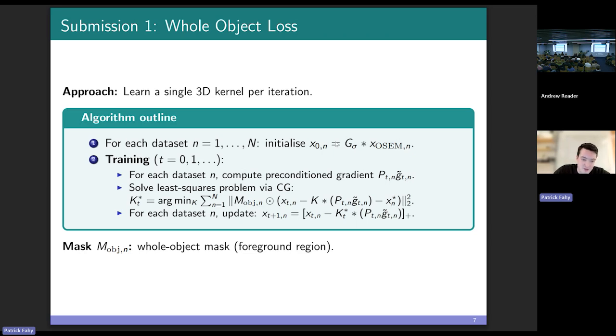Then starting from t equals 0, we compute all the preconditioned gradients and solve the least squares problem via CG to give us this kernel KT star. Then we update all of the different data points' current reconstruction and repeat again until we learn the next kernel. And this mask at the front is just the whole object mask.